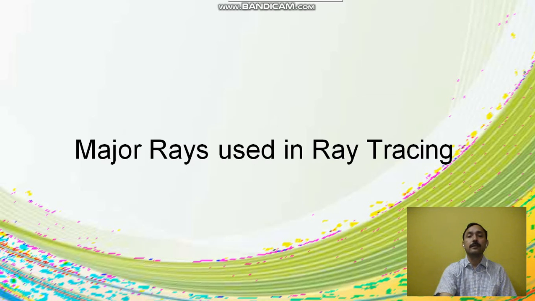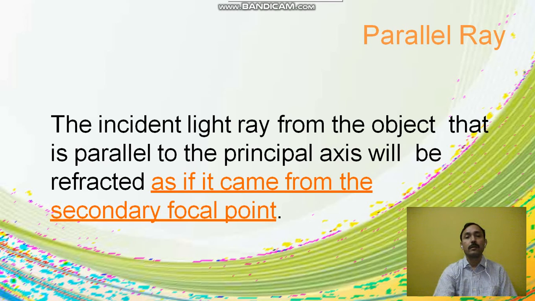Major rays used in ray tracing. Parallel ray: the incident light ray from the object that is parallel to the principal axis will be refracted as if it came from the secondary focal point. This is the parallel ray.